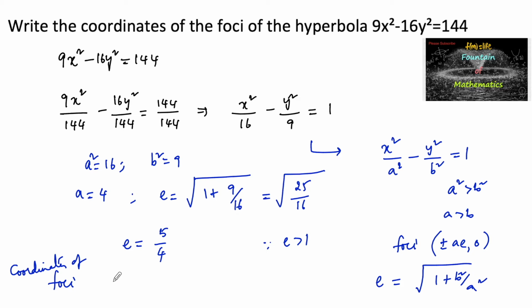Coordinates of foci can be considered plus or minus ae comma 0. So a is 4 into 5 by 4 comma 0, that is plus or minus 5 comma 0. So plus 5 comma 0 and minus 5 comma 0 are the coordinates of foci of the given hyperbola.